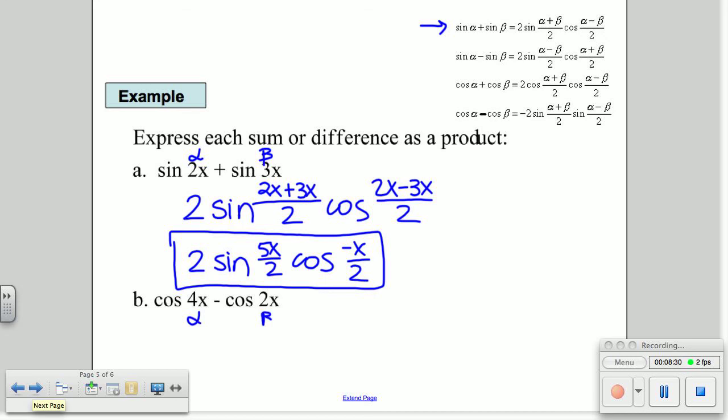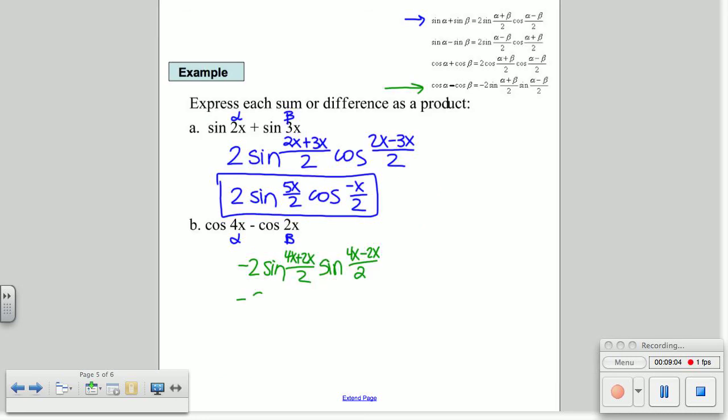Part B, we have cosine minus cosine. So now for part B, it looks like we're using the bottom formula. So we'll go ahead and plug in our alpha and beta. And you might want to pause your video and try this first on your own. You should get negative 2 times the sine of alpha plus beta, 4x plus 2x over 2, times the sine of alpha minus beta over 2.